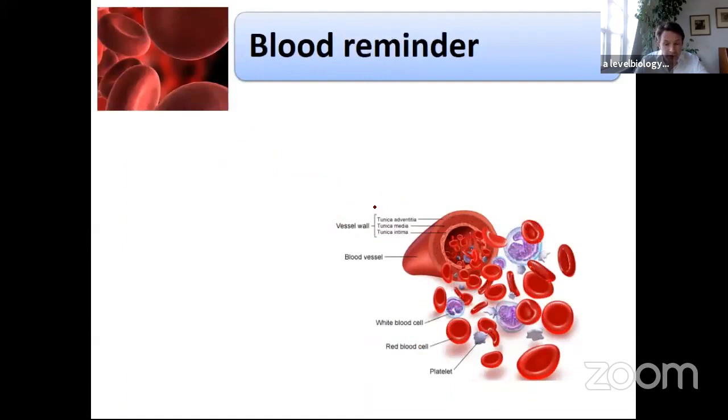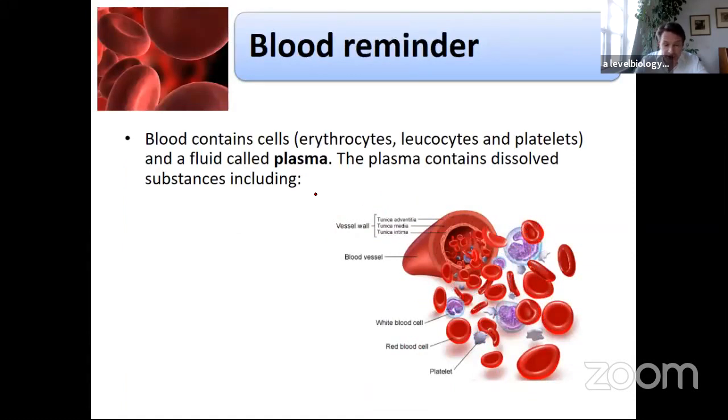So, quick reminders about blood. Blood contains cells. It contains erythrocytes, which are the red blood cells, leukocytes, which are the white blood cells, and cellular fragments called platelets. It also contains a fluid called plasma, which is water and the products of digestion and hormones and plasma proteins.